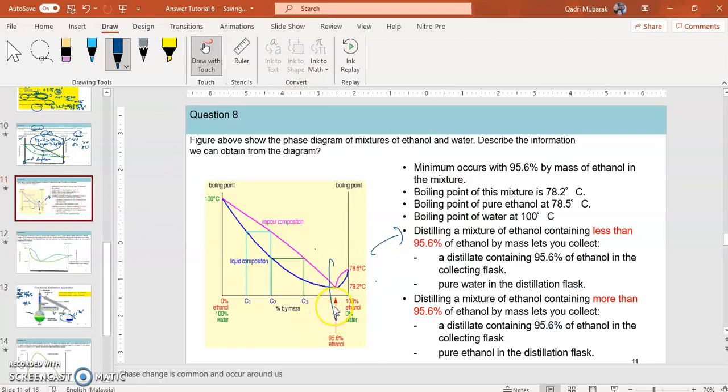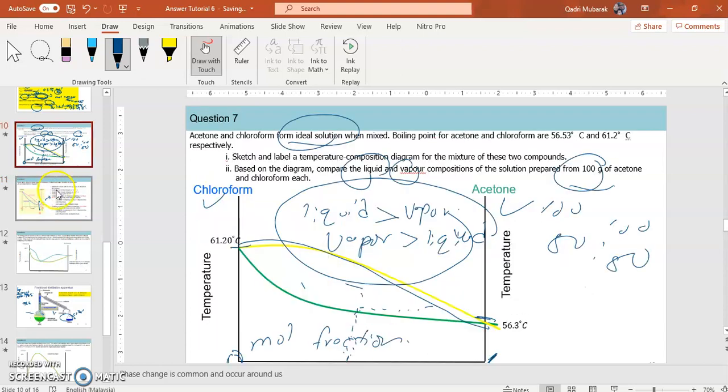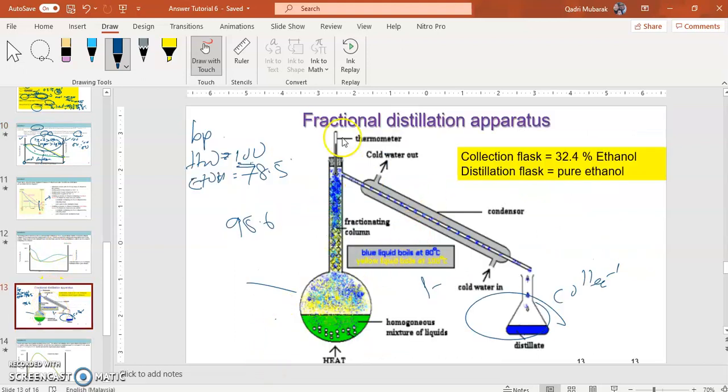We need to play around with the temperature. If here is 78.2, and we provide heat and the temperature is 78.2 and less, we can collect 95.6% of ethanol in our distillate, while the remaining is water.